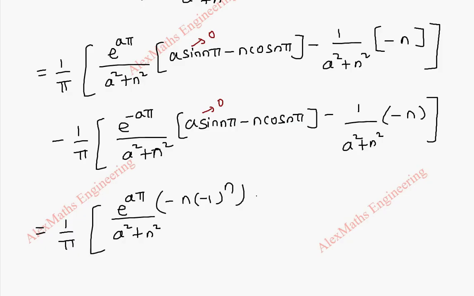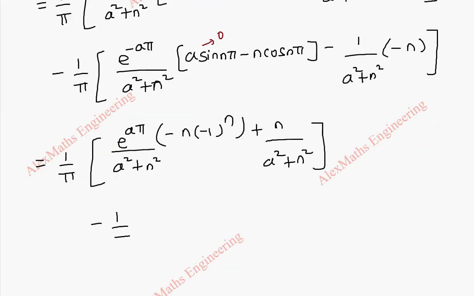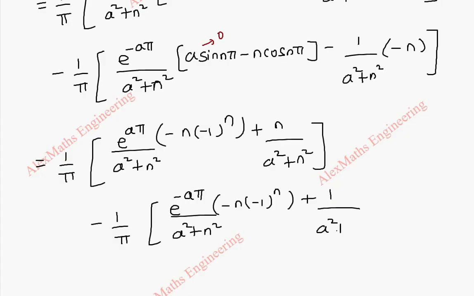Then we can cancel this minus and make it as plus, plus n by (a square plus n square). Then second term, minus 1 by pi e power minus a pi by (a square plus n square) into minus n into (minus 1) whole power n, then again plus 1 by (a square plus n square).